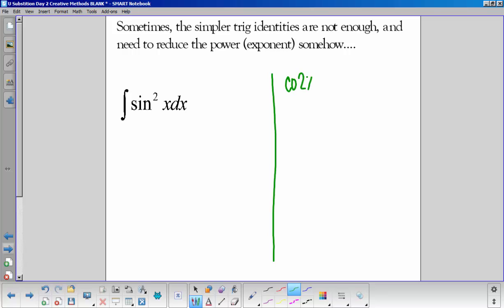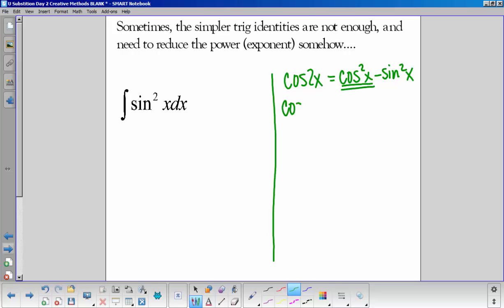Anybody remember what the identity is for cosine of 2x? Cosine squared minus sine squared. So cosine squared x minus sine squared x, right? Now, I taught you the all cosine version and the all sine version. I don't expect you to necessarily memorize that, but which do I need here? What do I need this equal to? Sine squared. So I need to eliminate the cosine squared.